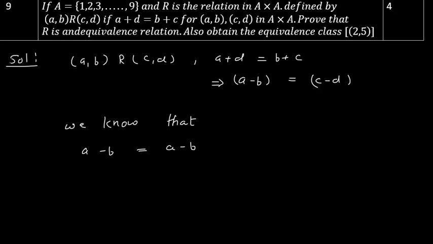When a minus b is equal to c minus d, (a, b) is related with (c, d). So we know that a minus b is equal to a minus b. This is obvious. Therefore, I will say that (a, b) is related with (a, b). Therefore, R is reflexive.